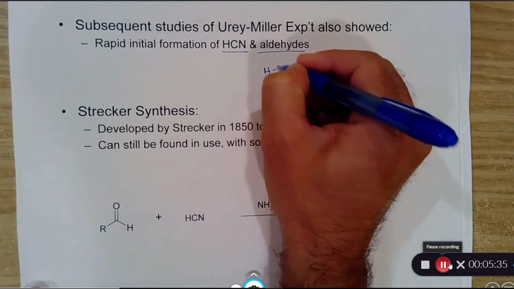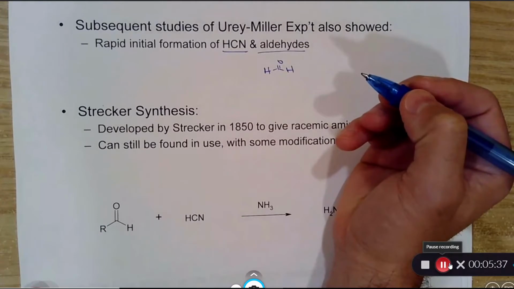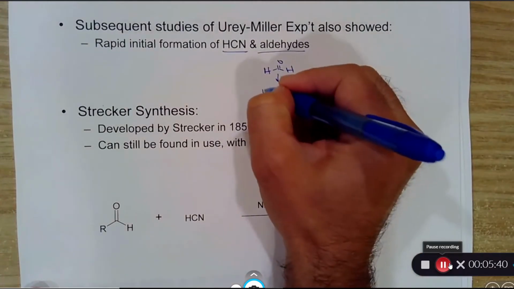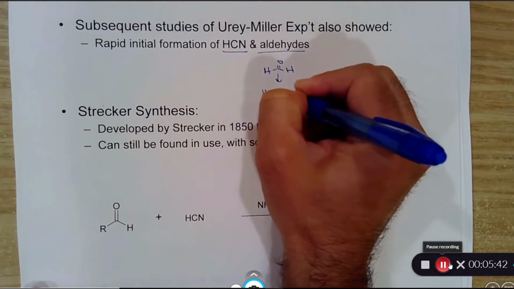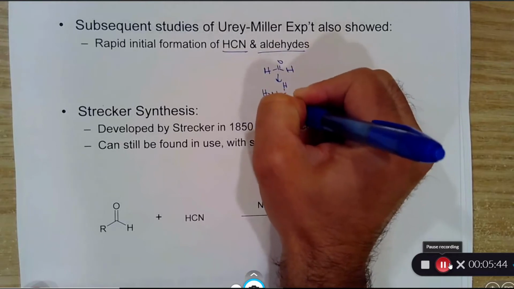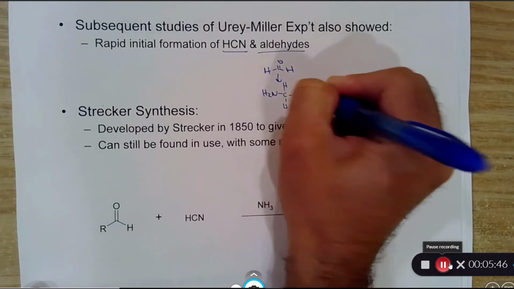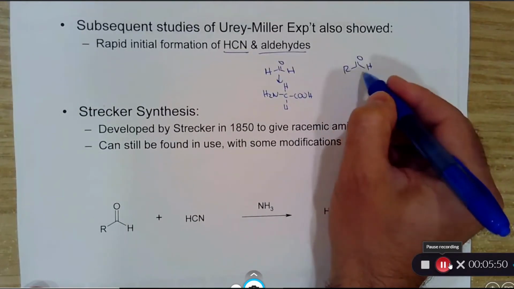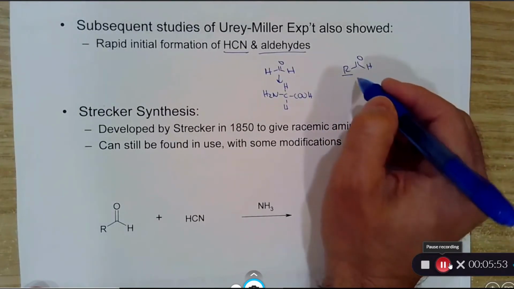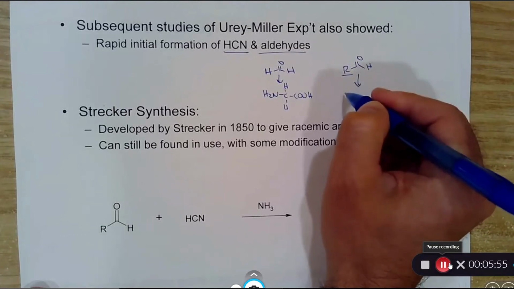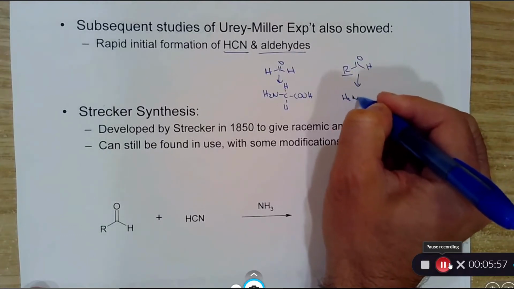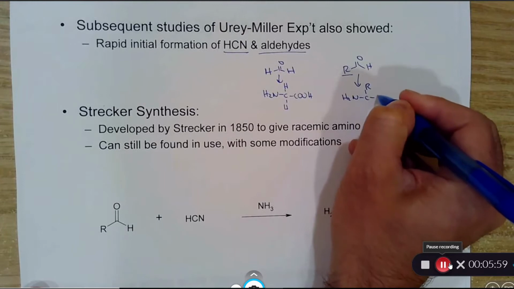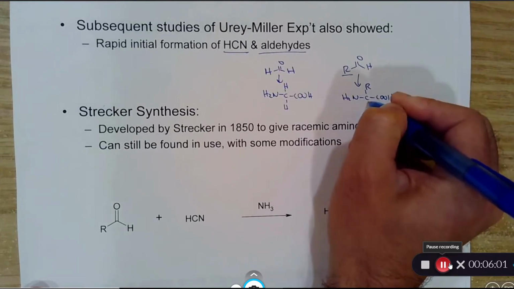The most prominent one was formaldehyde, which is the simplest aldehyde, and this eventually would lead to glycine. But they also observed other aldehydes too. Okay, so you can imagine another R group here. This could be a methyl group or other more complex functional side chains. And this would give rise to our amino acids.